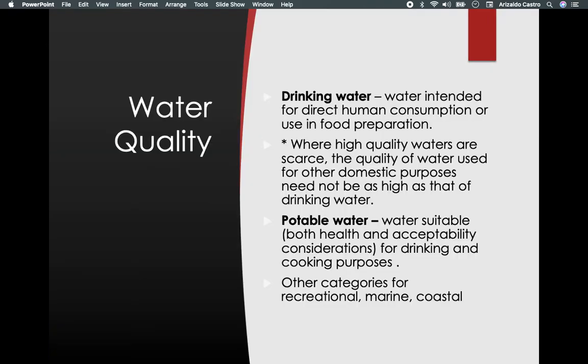So, I've discussed also that the quality of water will translate to whether it can be used for drinking, or it can be used for other purposes.